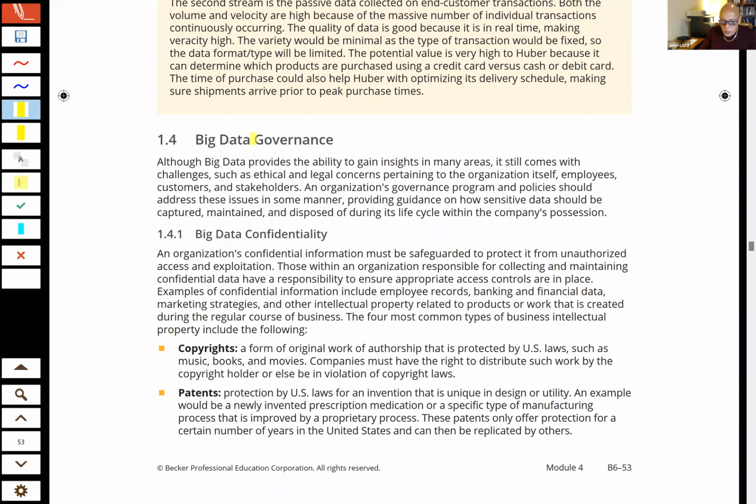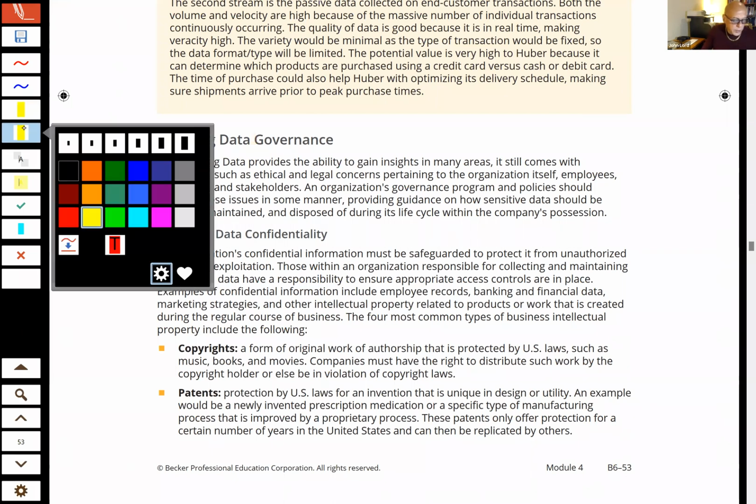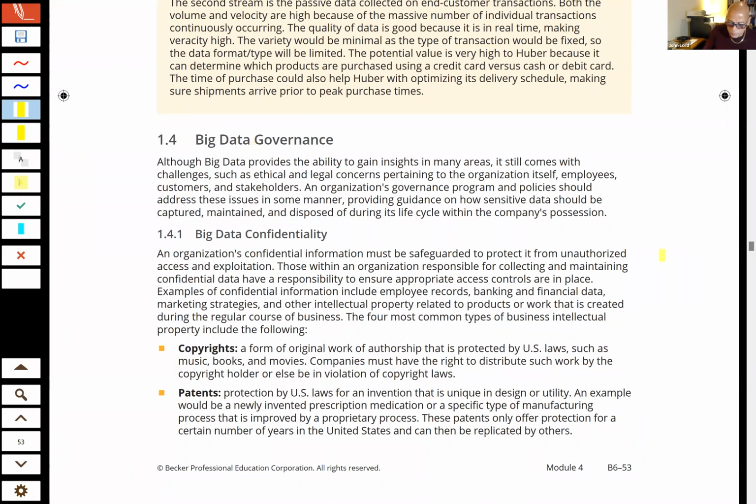These are pretty important considerations, so I do want you to flashcard these. What happens as you start to accumulate lots of data? There are ethical and legal concerns as to how you're holding that data, and you would want to provide guides on how sensitive data should be captured, maintained, et cetera.